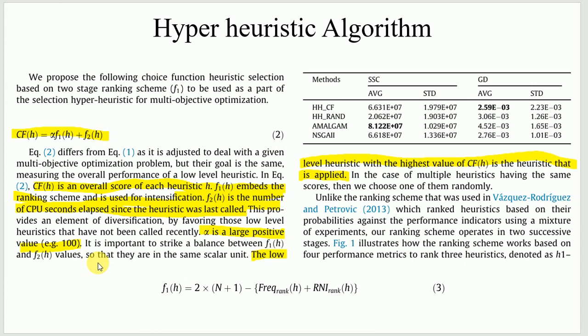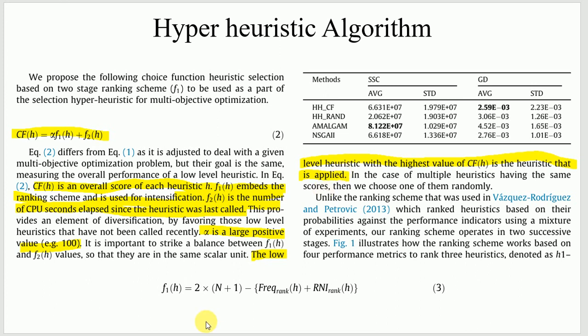So, to answer the first question, how we can use a choice function in a hyper heuristic algorithm: after each iteration, we can calculate the overall score of each of the heuristic, and then the low level heuristic with the highest value of choice function is the heuristic that is applied in the next iteration.